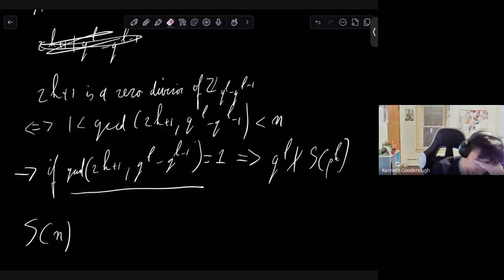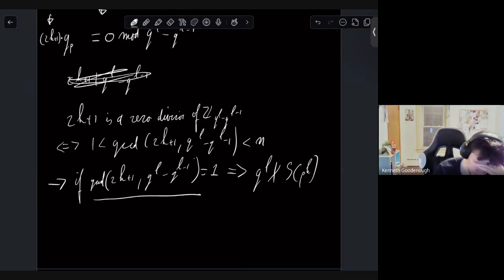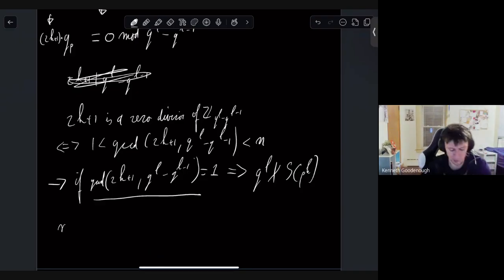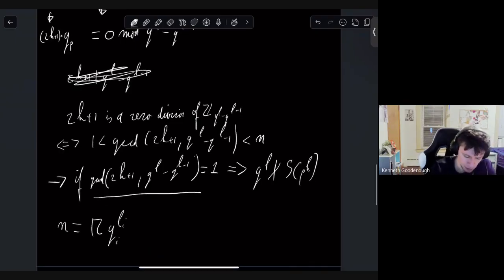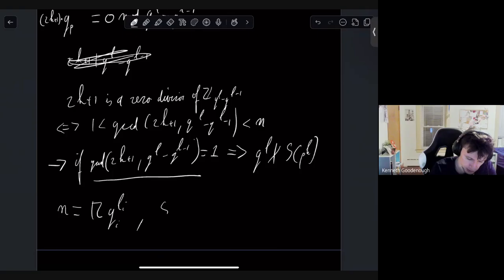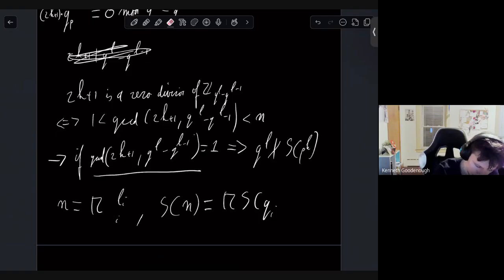Okay, what if my input is some general n, which I can rewrite in its prime factorization, something like this. Okay, and then since we know that S is multiplicative, we get out the following. Oh, let me use P here to be consistent, and K here.